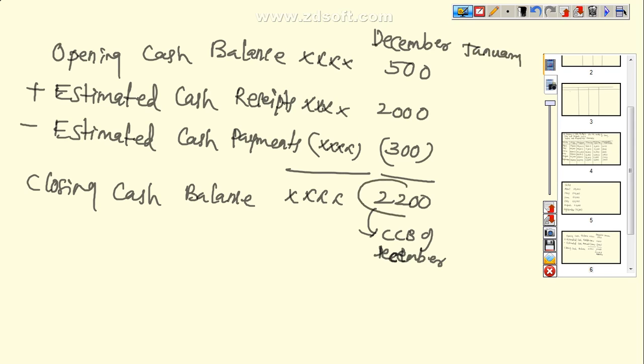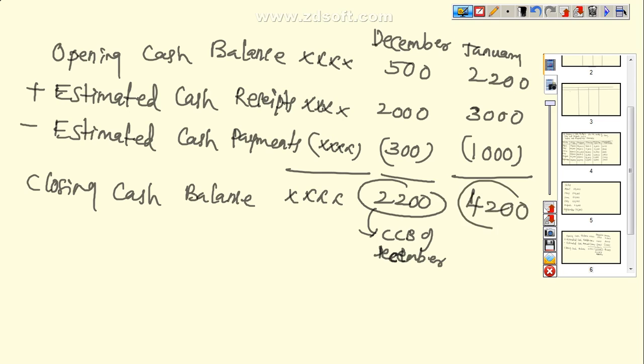This 2200 will become the opening balance, and suppose again I have some estimated cash receipt, for example 3000. Again I will deduct 1000 as cash payment. 5200 minus 1000 is equal to 4200, and this is the closing cash balance of January.